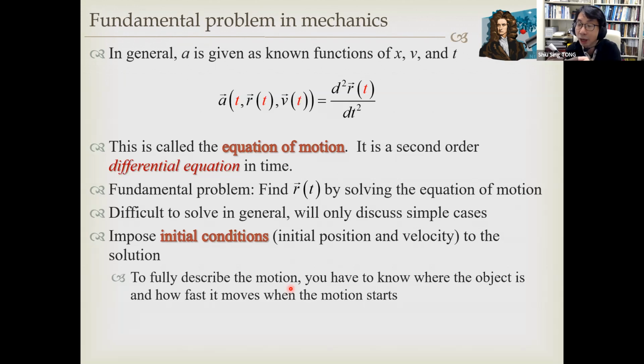You have to solve the equation of motion, but you also have to specify the initial position, initially where it is. And also you have to specify with what velocity you throw the object. Otherwise, you will not be able to predict its future, right? And those are called initial conditions.